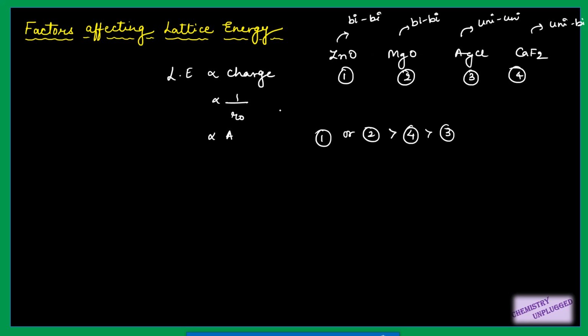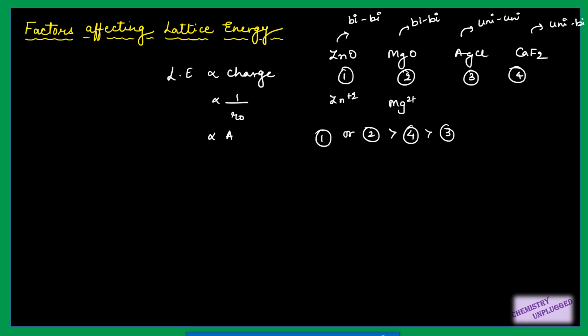Then what about these two? The charge is the same, so next comes the internuclear distance. For Zn plus 2 and Mg plus 2, the anion is the same, so we will not consider the anion, we will take only the cation. As we move from left to right, the size of the ion will decrease, so Zn plus 2 will be smaller in size than magnesium plus 2.